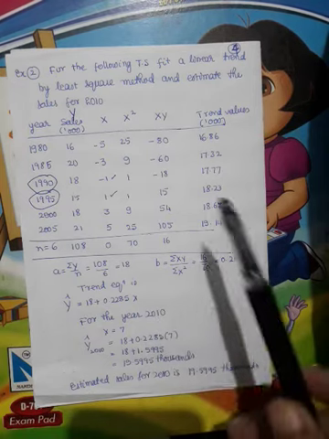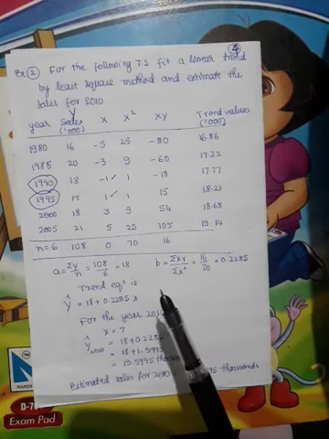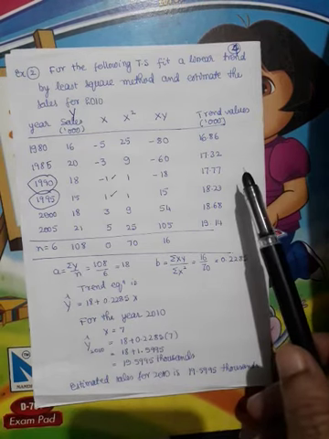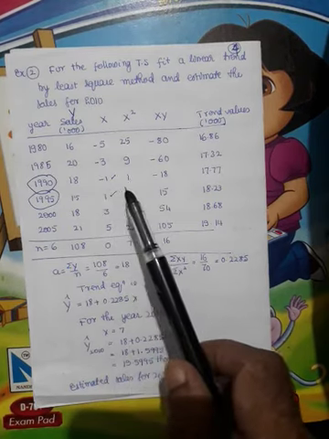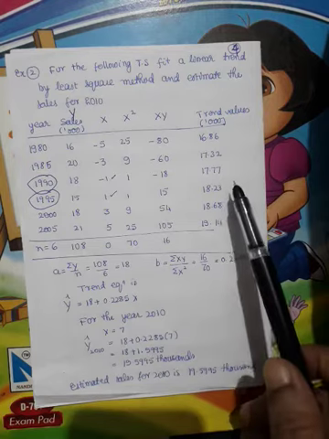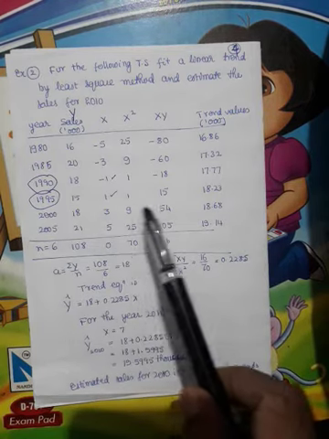After simplifying, you will get 16.86. For 1985, x is equal to -3. Substitute x is equal to -3 and simplify, you will get 17.32. For 1990, put x is equal to -1. You will get 17.77. For 1995, put x is equal to 1.